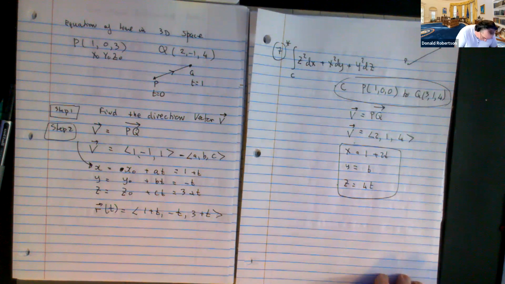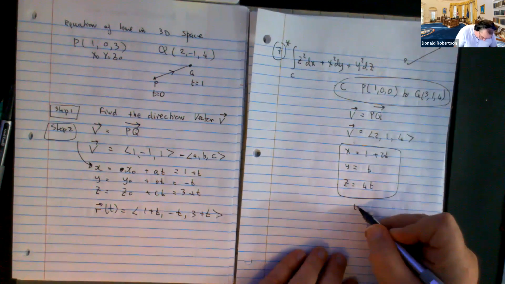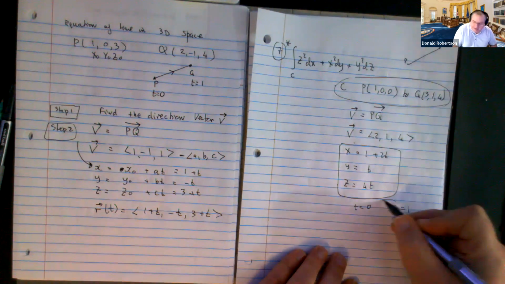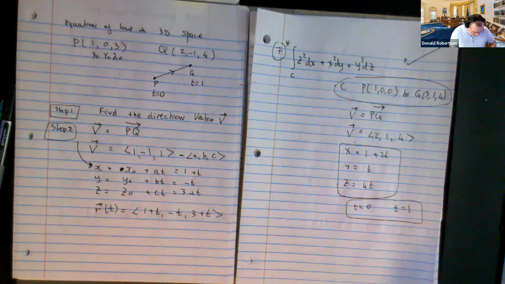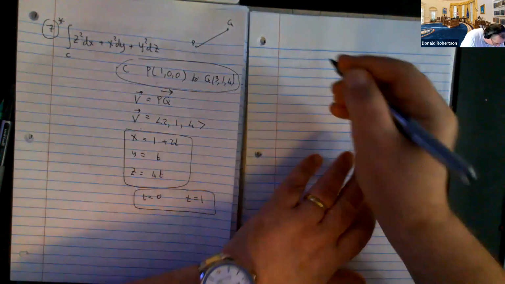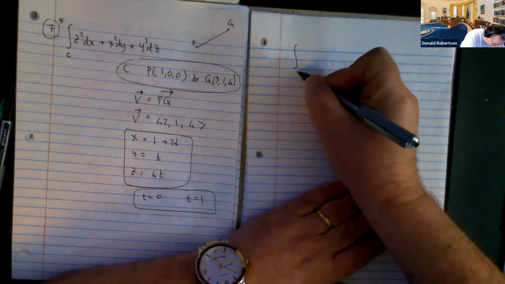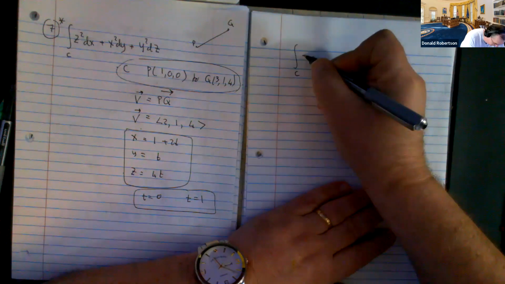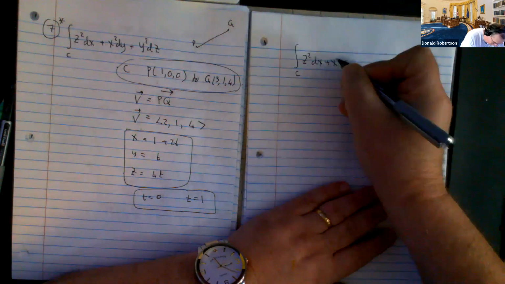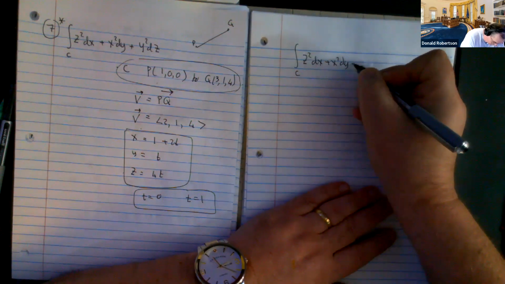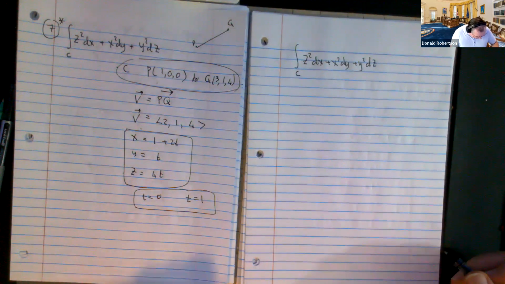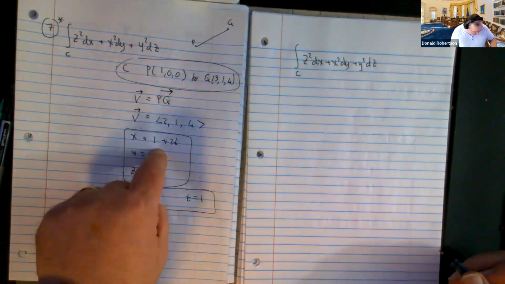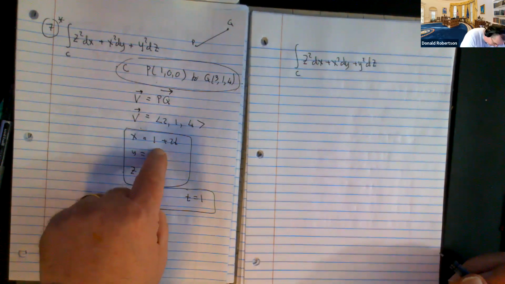And won't t start at 0 and t finish at 1? Are we comfortable about that as well? So this question has now really changed a little bit. It's still the line integral in differential form of this. But we now know the parametric equation for x, y, and z, and we know the start and finish of these guys.